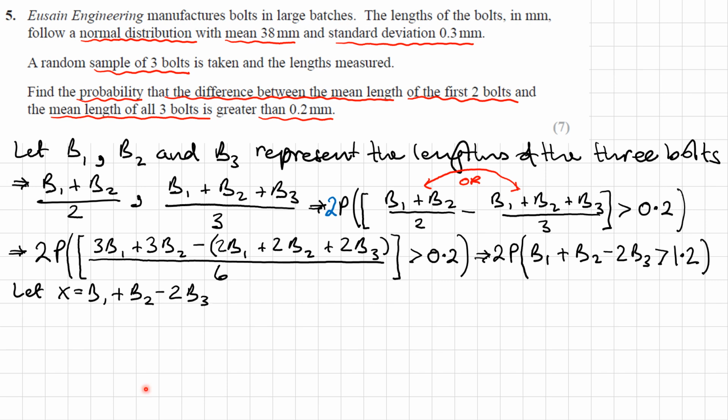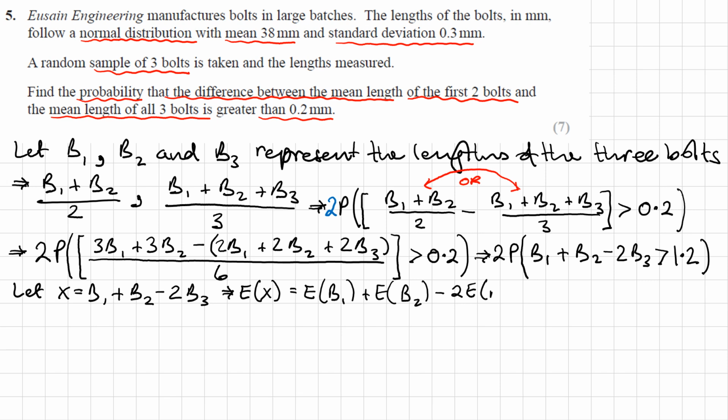Now I'm going to let X equal this combination of these random variables, and I'm going to use the rules for the combinations of random variables to work out the mean of X and the variance of X. So let's start with the mean of X, E of X. So E of X is going to be equal to the mean of B1 plus the mean of B2 minus 2 lots of the mean of B3.